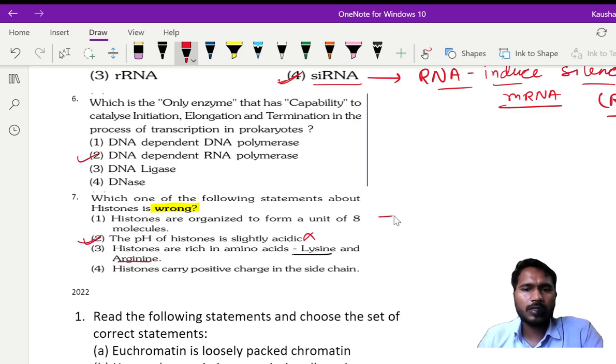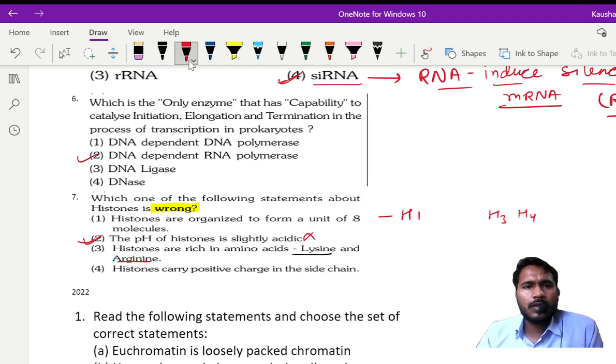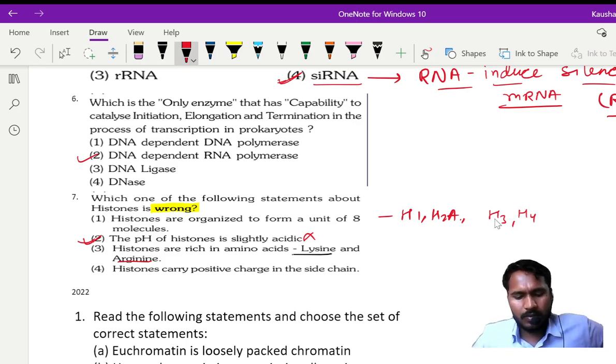What are the histone proteins? H1, H2A, H2B, H3, H4.